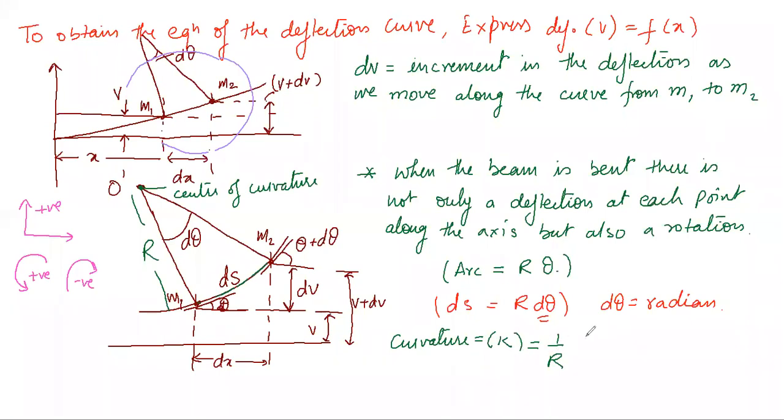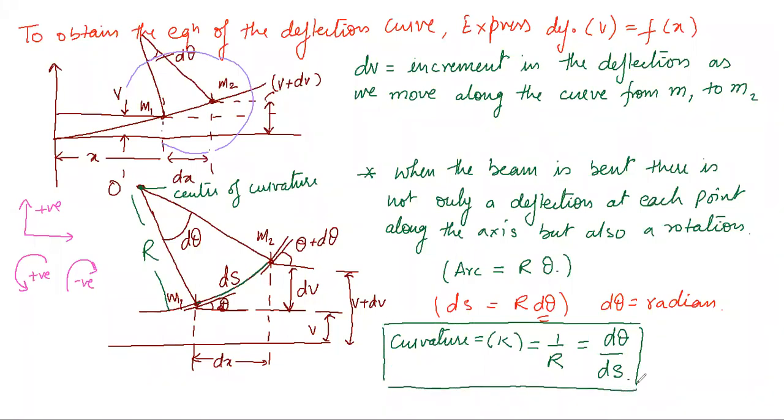So if k is 1 by r, it means what? 1 by r is defined as d theta by ds from this equation. Yes or no? So if we want to know what the curvature is, d theta by ds represents curvature, and curvature is also defined as the inverse of the radius. So that is the information we need to understand.